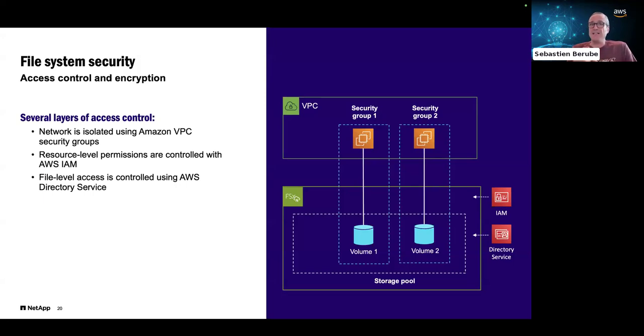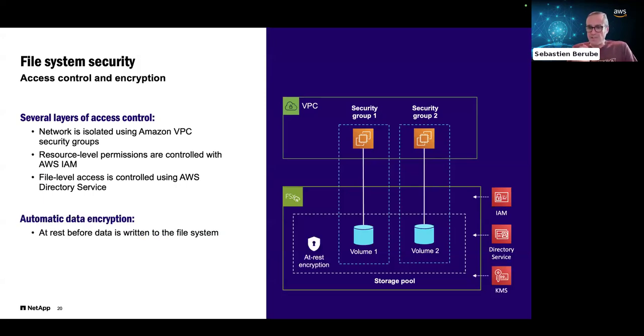Next up, we've got KMS. KMS is our key management system. Anytime you create an FSxN volume or file system, that file system is automatically encrypted. We provide AWS managed keys for this. Customers can use their own keys, and we provide the KMS service to generate and manage those keys for you within the AWS environment.